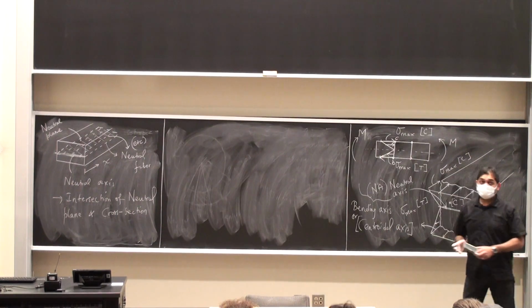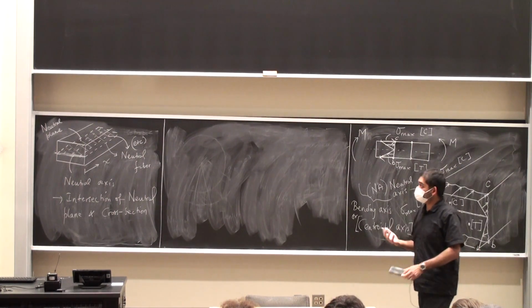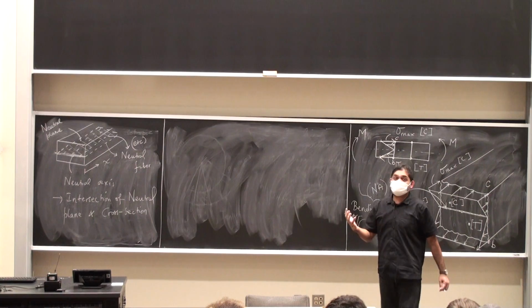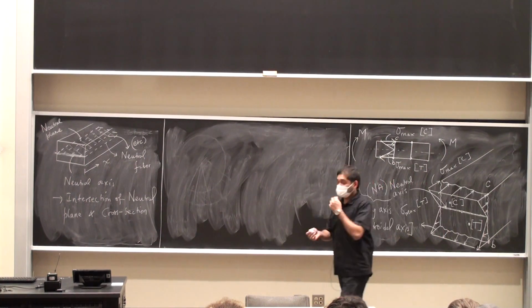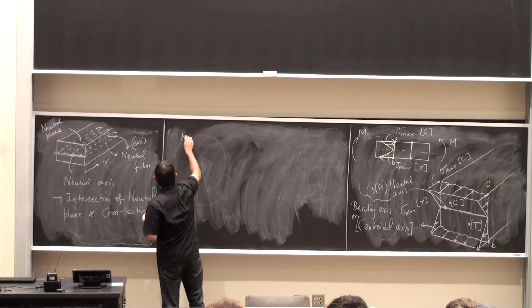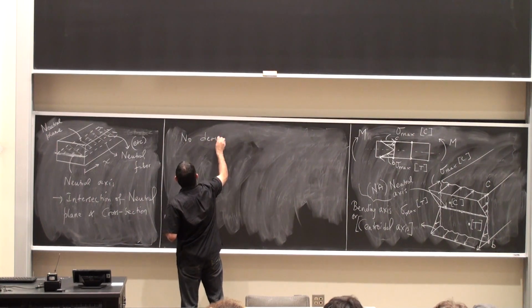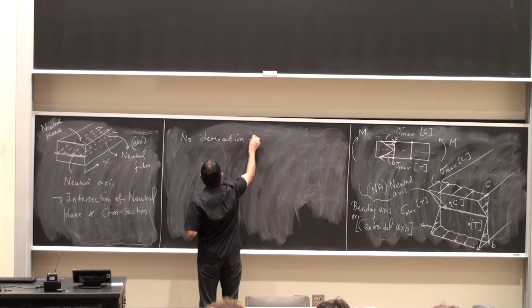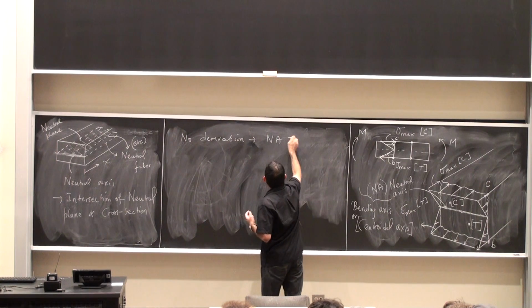We will take it for granted, without any derivations, that the neutral axis is the same as the centroidal axis of the cross section. So no derivations. Neutral axis.